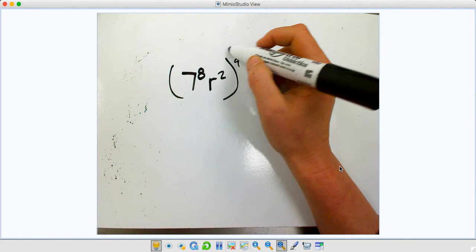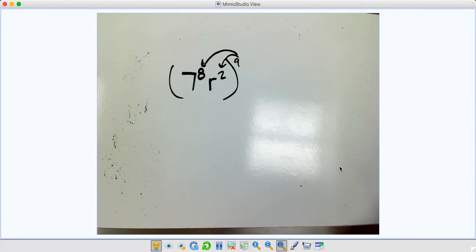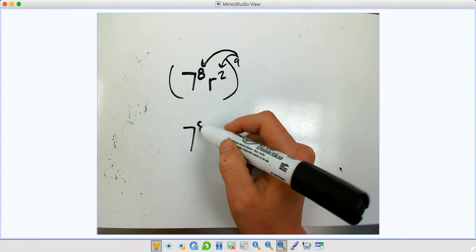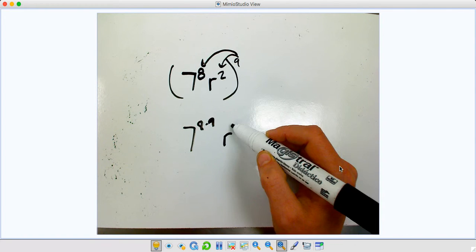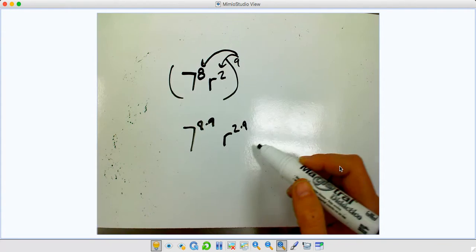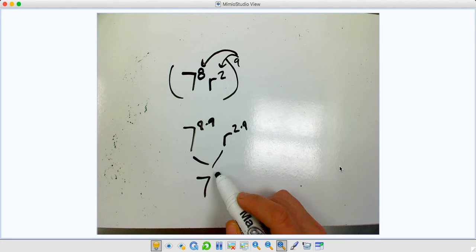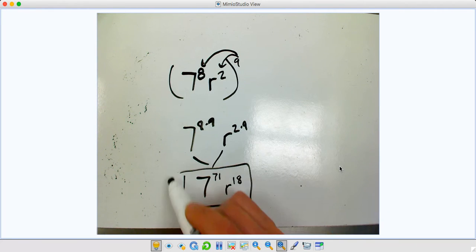But because there's multiple bases, we also have to put that exponent and multiply it by the multiple exponents for the multiple bases. So our first base is 7 to the 8th power. We're going to multiply that by 9, and then times r to the 2nd power, which will also multiply by 9. So when we evaluate this to its simplest form, we get 7 to the 72nd power times r to the 18th power is our final answer.